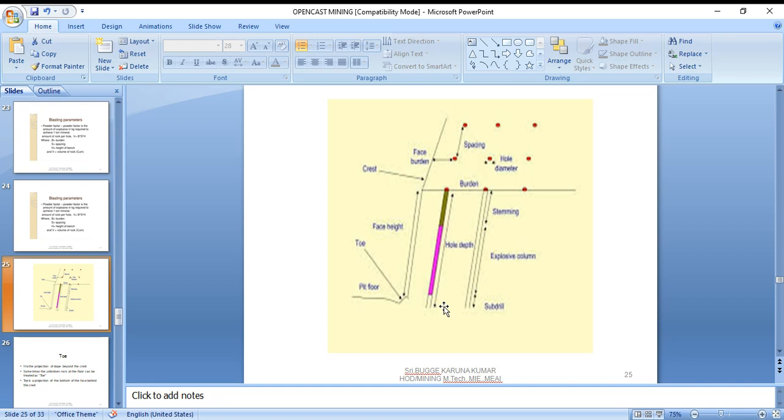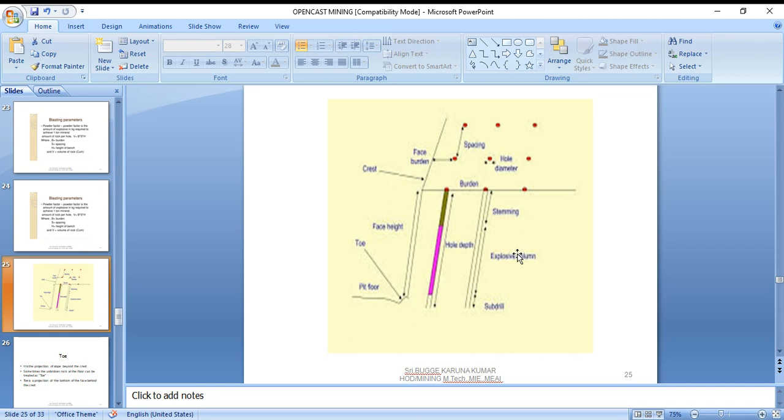Here we are observing the spacing and face burden. So we get a volume here. So this is the crest. So, explosive column.